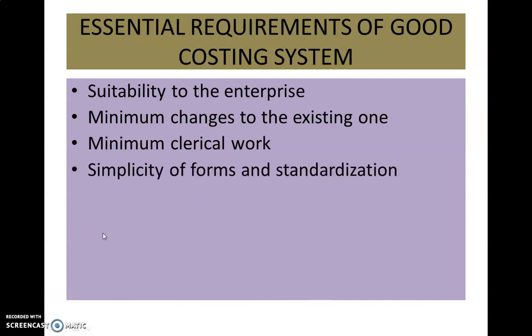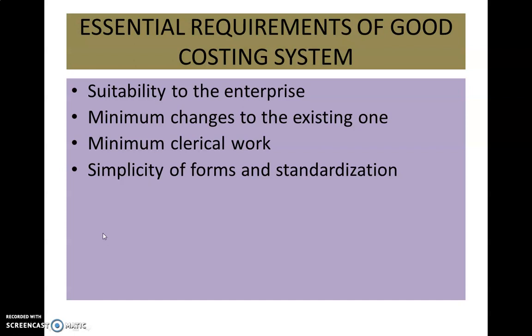Next, simplicity of forms and standardization. These are the forms used as a part of the cost accounting system. For example, in material cost, whenever you are receiving materials, you need to maintain the materials receipt, its order number and a voucher, everything. A labor card means punching reports, daily attendance.